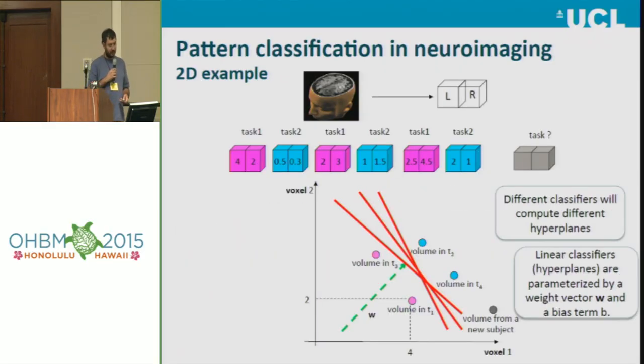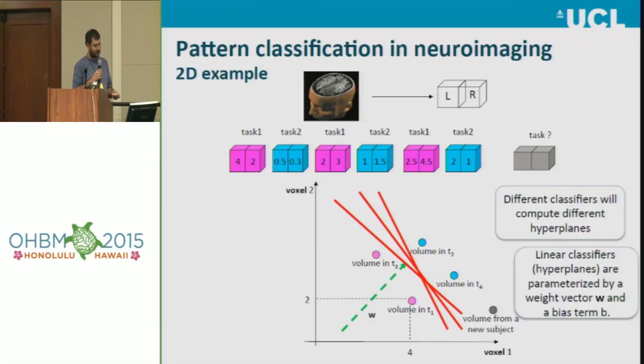So it's good to start off with quite a simple example. So here, we're just working on the slide from top to bottom. We're imagining that we've scanned a subject with a very, very coarse resolution. So we just have 2 voxels, a left and a right hemisphere voxel.